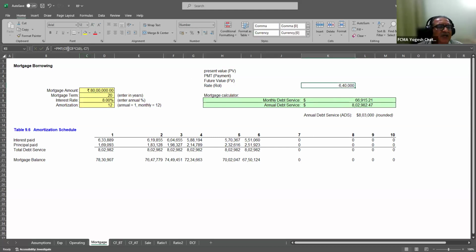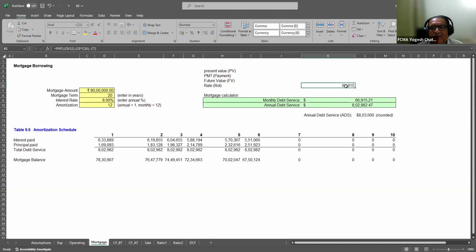Only a mistake I have done here: the rate is annual and the installment is monthly. So even the rate I need to convert into a monthly rate, that is 8 divided by 12. And the period of repayment is 20 multiplied by 12. And then this is the amount of loan, 80 lakh, which I will get.